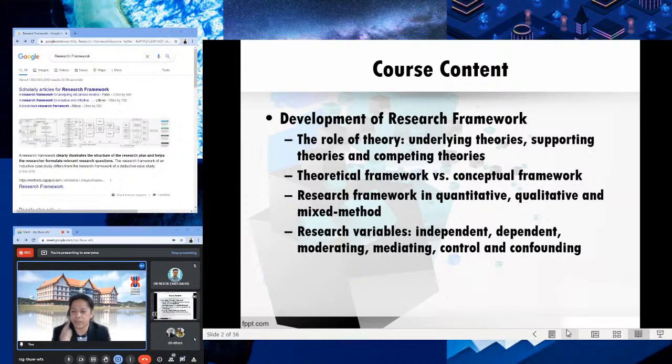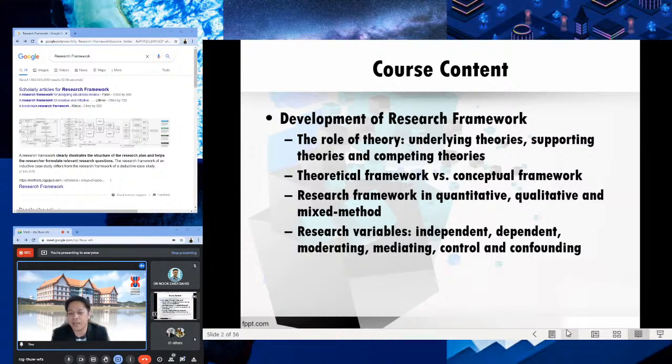Okay, for tonight's session, maybe we need to focus specifically on the role of the theory. So what are the underlying theories, supporting theories and competing theories. And in tonight's session we also need to discuss the theoretical framework versus conceptual framework, and we talk also about the research framework in quantitative, qualitative and mixed method.